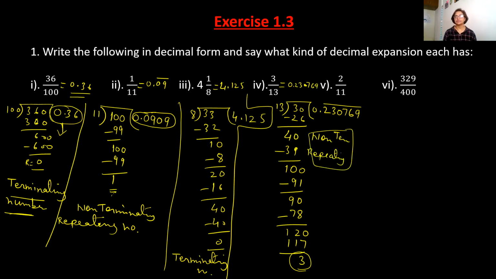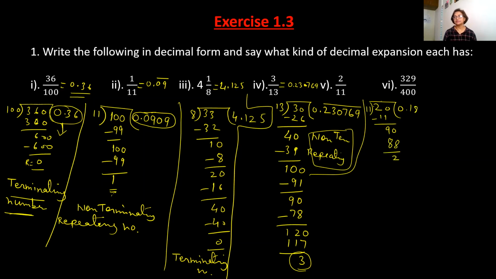Now we will come to 2 upon 11. 2 upon 11. If you are putting 0 here, 11 ones are 11. Then you are doing here 0, 8s are 88, and again 2.